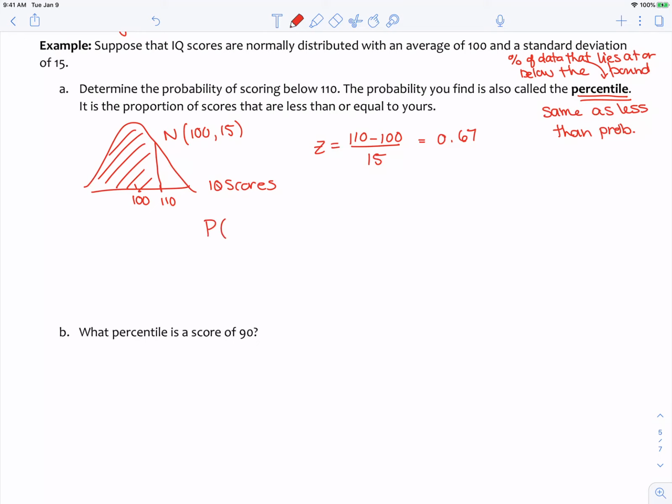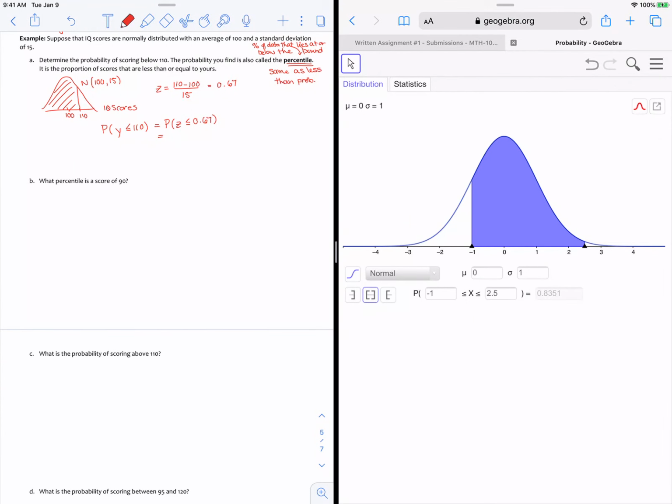Okay, so the probability that y is less than or equal to 110 is equal to the probability that z is less than or equal to 0.67. And from GeoGebra, let's bring that back up. Okay, I'm doing less than, so change my direction.